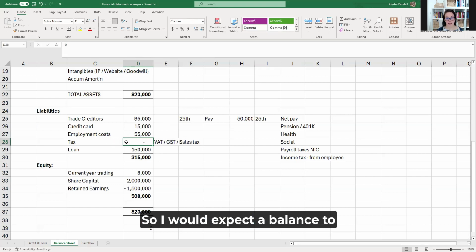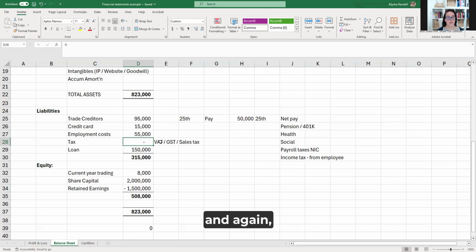I would expect a balance to be in there every month. In this example, there isn't, but that's fine. And again, it should be very current. So this amount here in sales tax, VAT, GST, if you're paying it quarterly, then it shouldn't have more than say 3 to 4 months worth of tax owing.